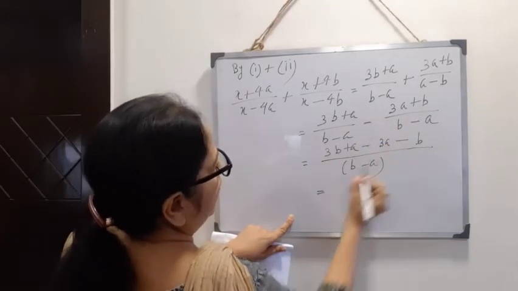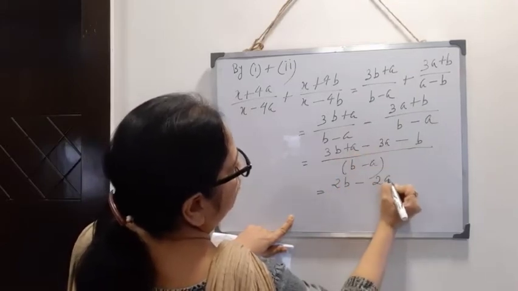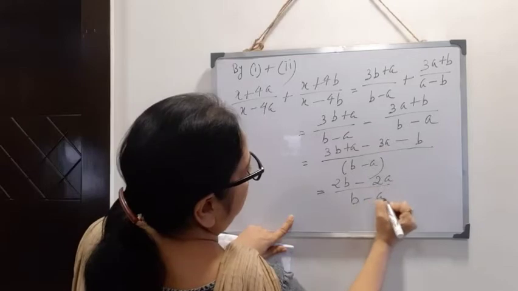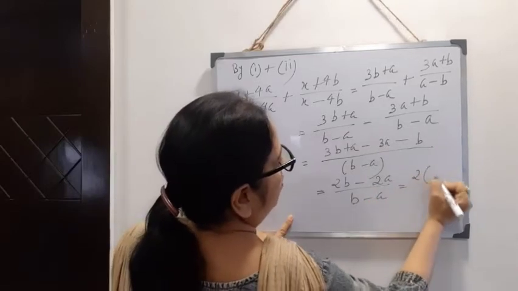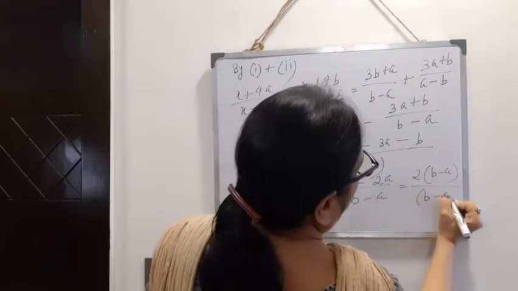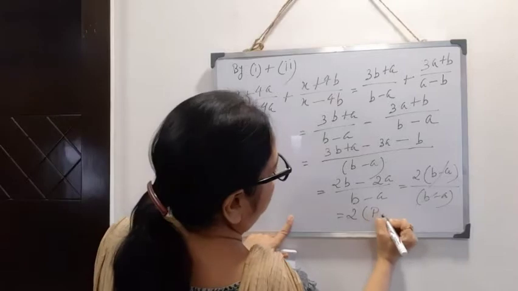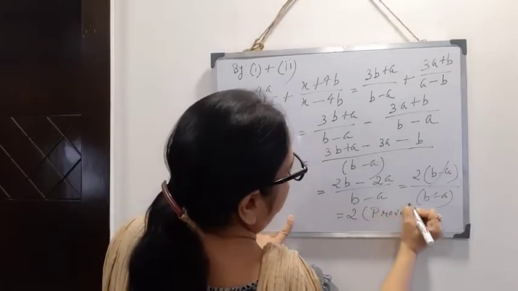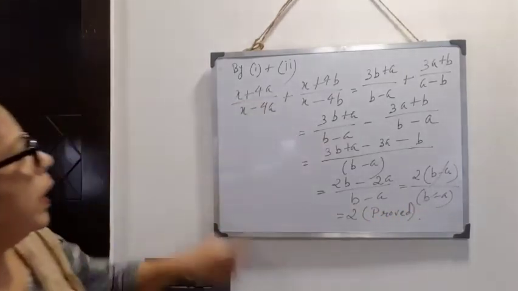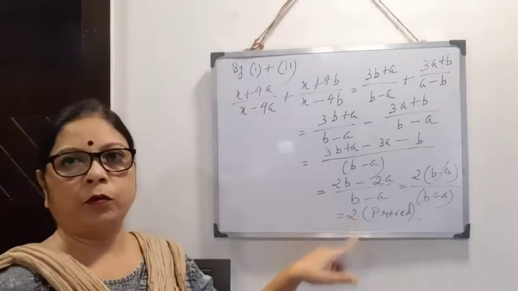So 3b minus b means 2b, a minus 3a is minus 2a, and the denominator b minus a. You take 2 common, then it is becoming b minus a, and the denominator also b minus a cancels out, so it is becoming 2. So it is proved. You had to prove that (x plus 4a) by (x minus 4a) equals 2. Now next one.